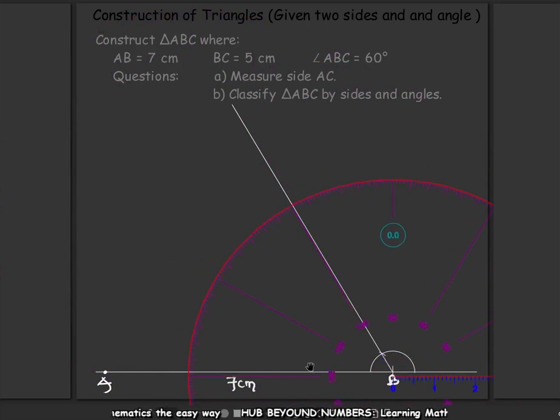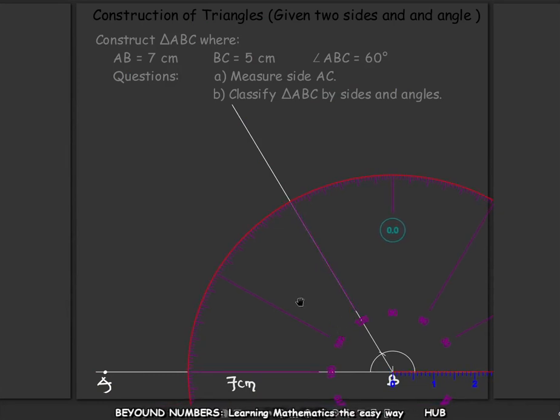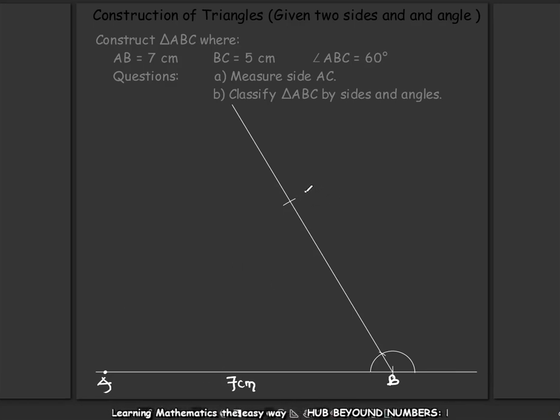Then I come to B with my compass pin at B and draw an arc to touch this line. So this is my arc over here, just to touch the line. With that arc drawn, that point there is going to be my C. So I'll label that as C and write it measures 5 centimeters.